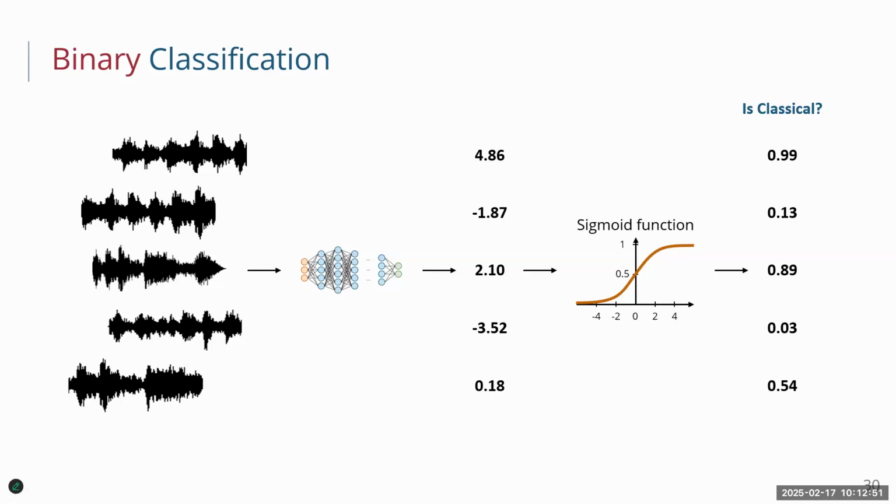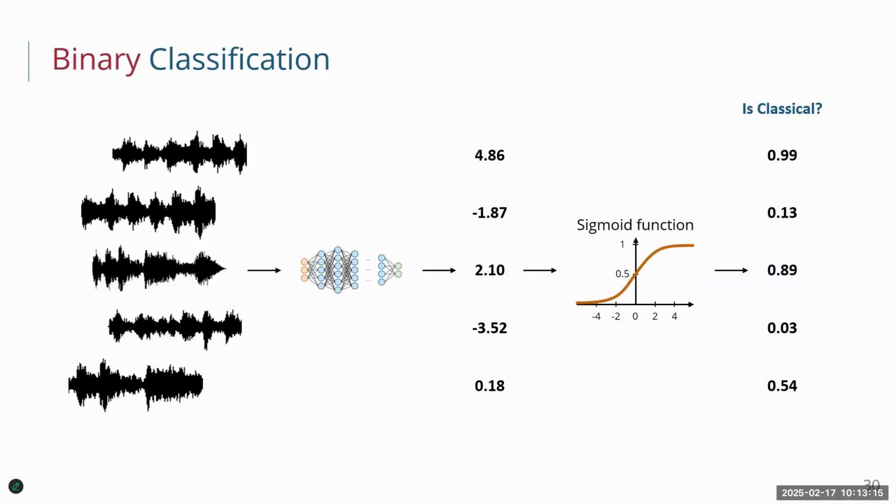And we talked about how we can train this model by using binary cross entropy. But anyway, assuming that we have this model already that correctly predicts these, how can we turn these numbers into whether it's classical or not?